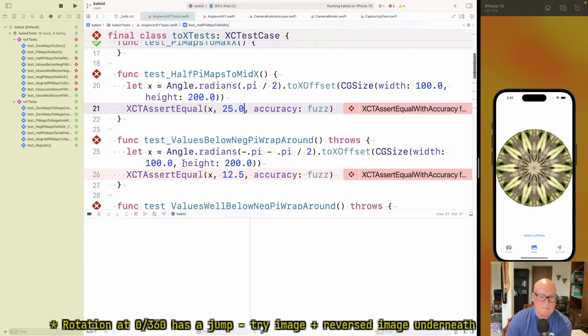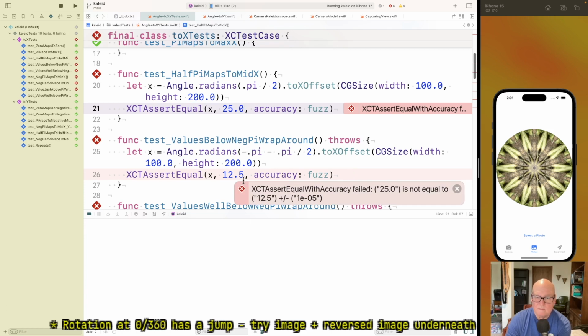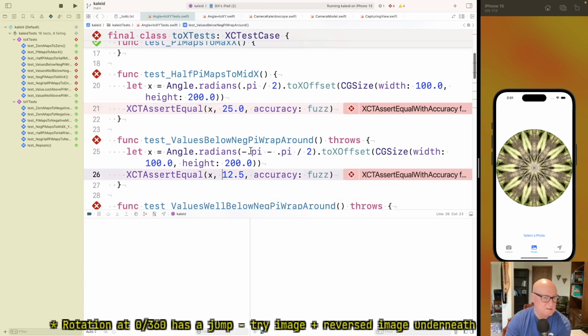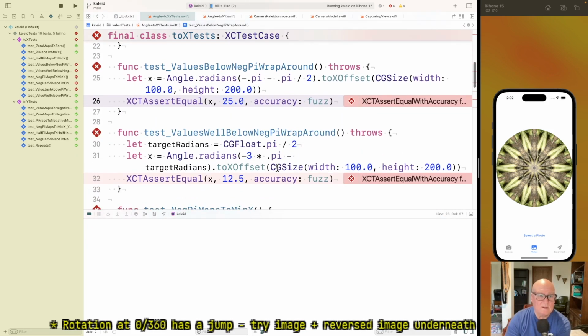Okay, negative pi wraps around. Yeah, okay, minus pi over 2. So minus pi over 2 gets you 90 degrees, minus pi gets you to basically plus 90 degrees, which we just said was 25. Okay, values below negative pi wrap around 3 times pi minus target radians. 3 pi minus pi over 2.